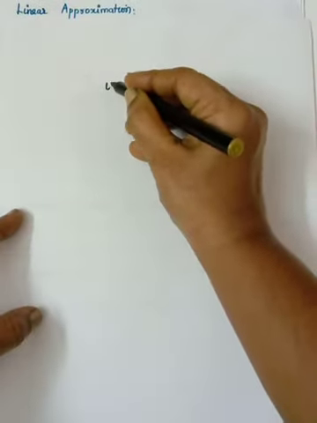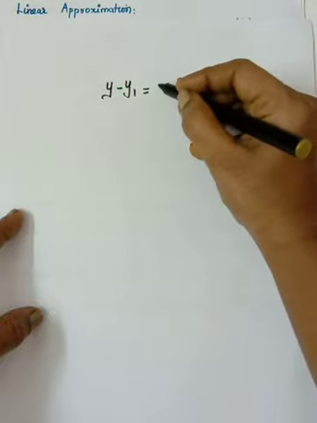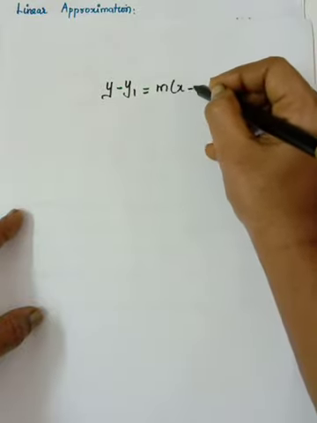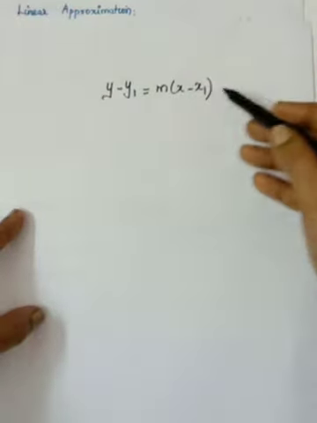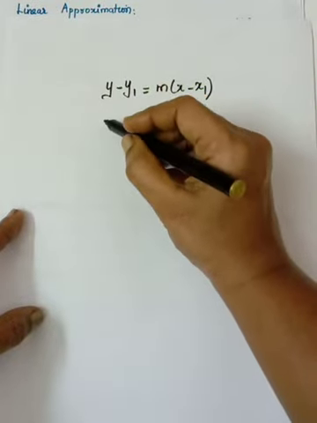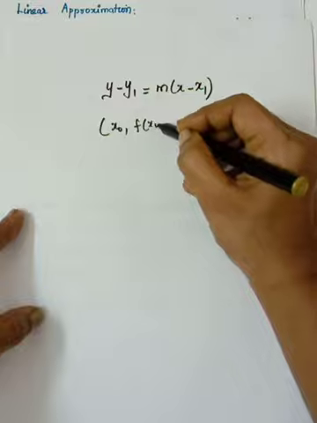Now, a tangent is usually a straight line, so we'll go for y minus y1 equals m into x minus x1. This is the equation of a straight line. Here also I have taken the equation of the tangent line like this. The tangent line is drawn at which point? X naught comma f of x naught.